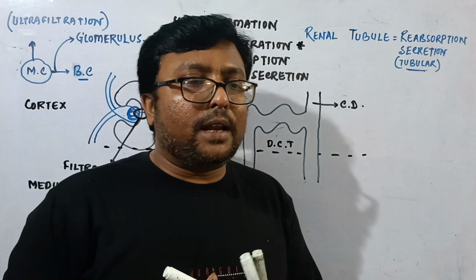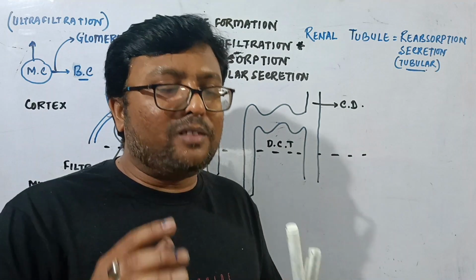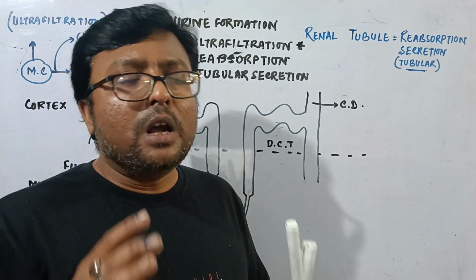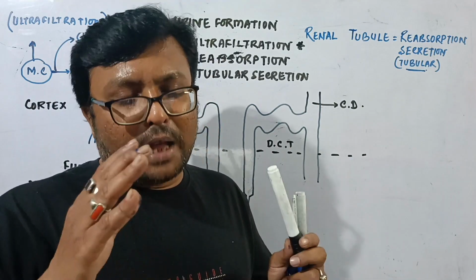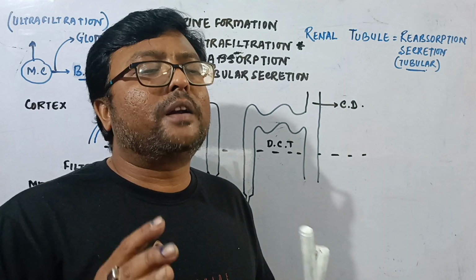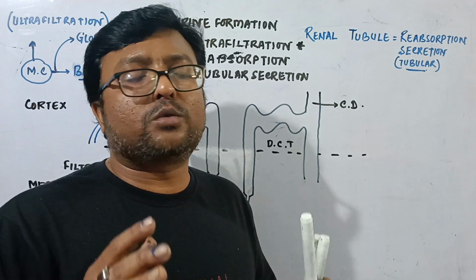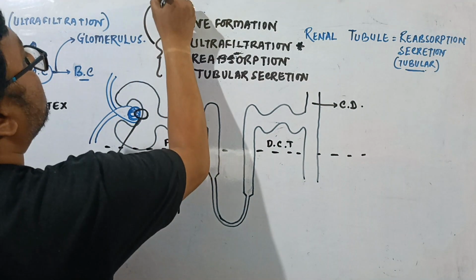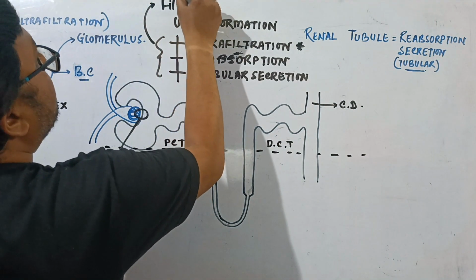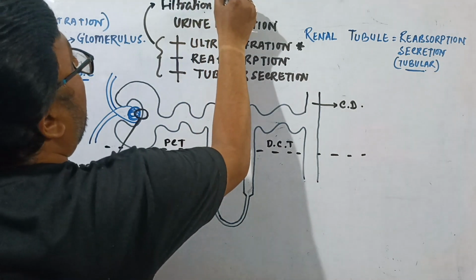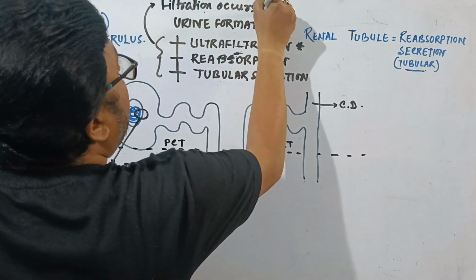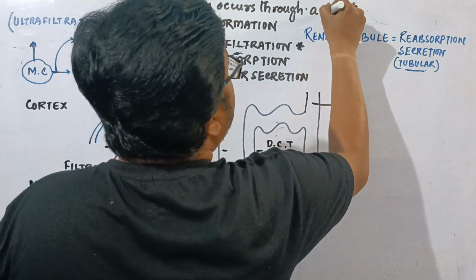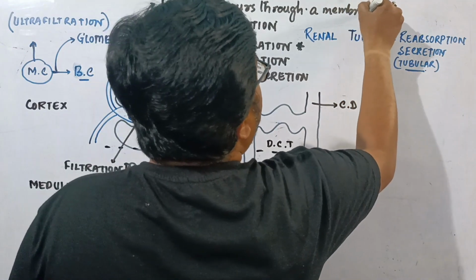Now একটু আমি আলাদা করে বলে দেব যে what actually reabsorption and tubular secretion generally mean. Ultrafiltration we have already discussed, আমি আগের দিনই বলেছি, আরও একবার বলে দিচ্ছি: when filtration occurs through a membrane, it is known as ultrafiltration.